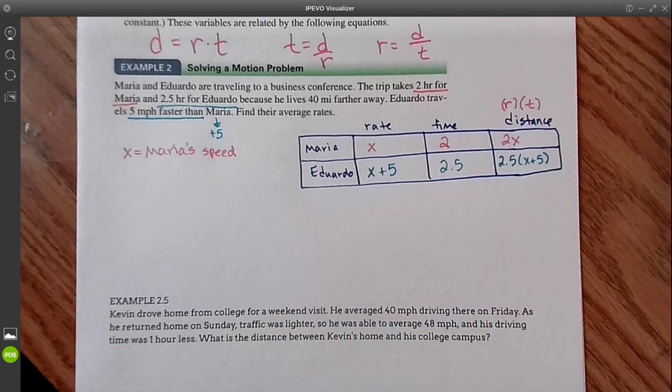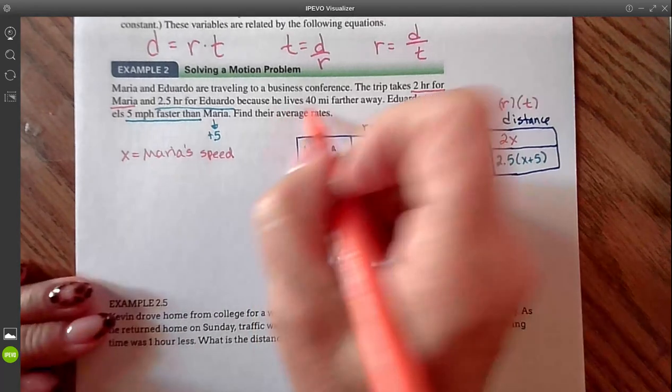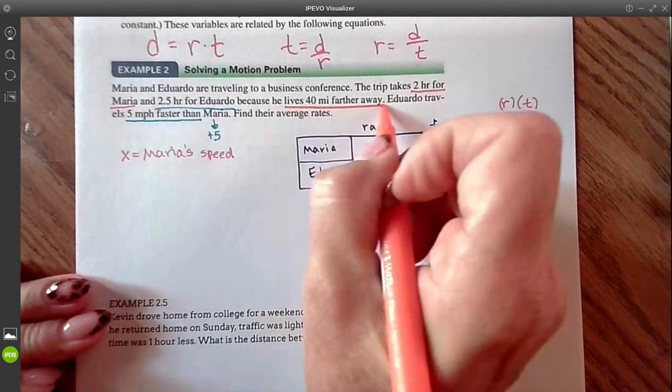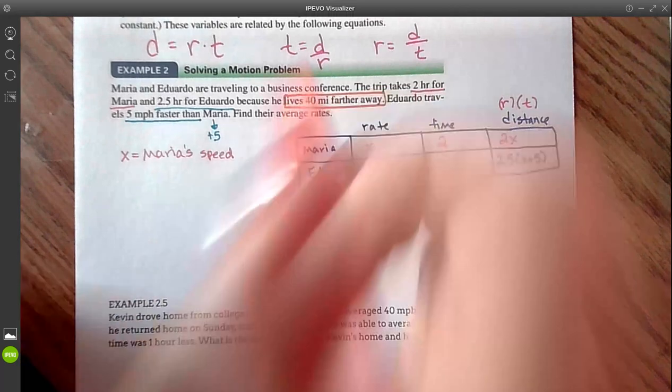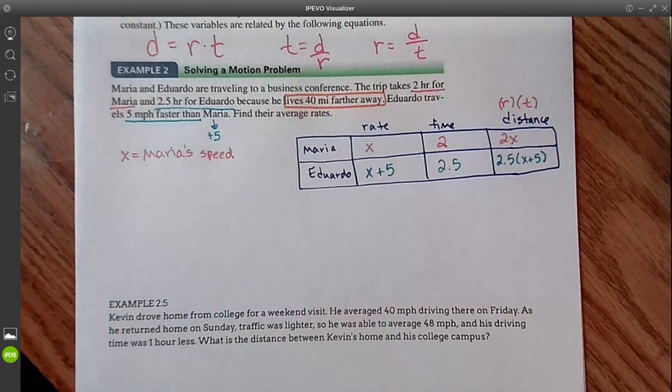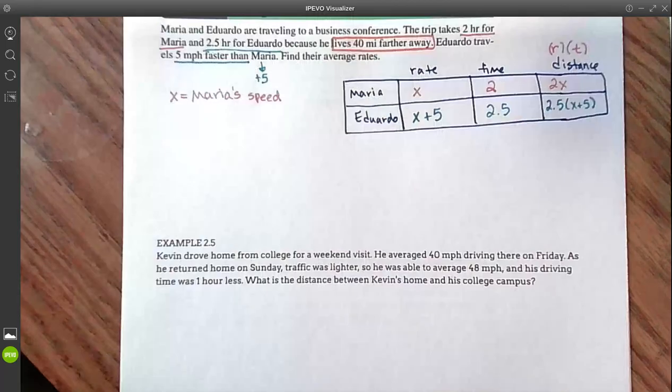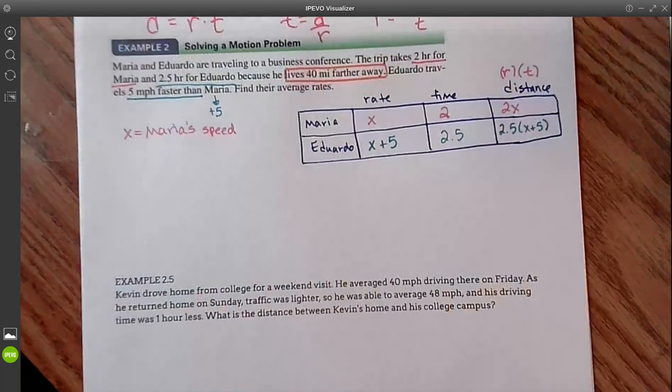Now that our table is all filled in, we have to see what else the problem is telling us. The problem says that Eduardo lives 40 miles farther away. So this is telling us how our distances are related to each other. So that's going to tell me that Maria's distance and Eduardo's distance are not equal to each other.